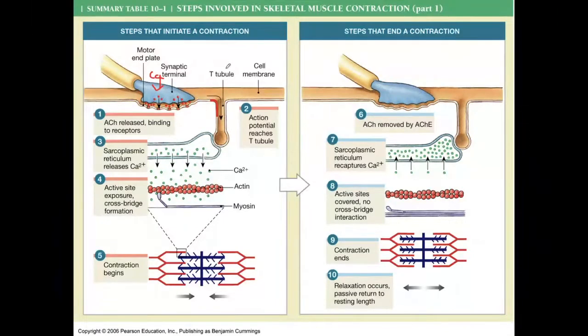It binds to the receptors. When it binds to that acetylcholine receptor, sodium rushes in. And when sodium rushes in, it creates an action potential. It goes right down the T-tubule, the transverse tubule.